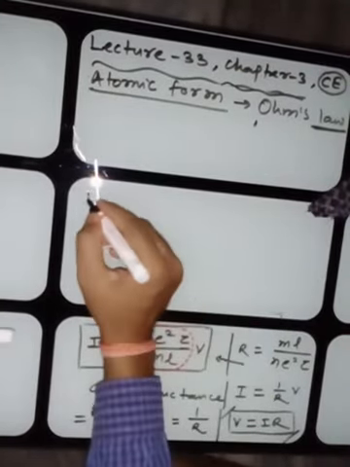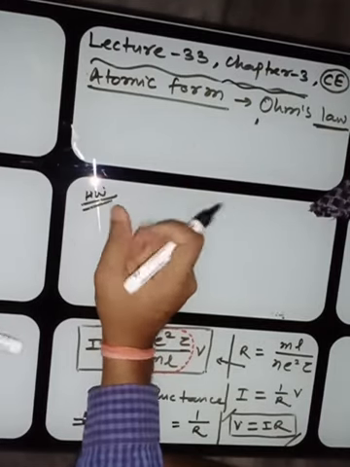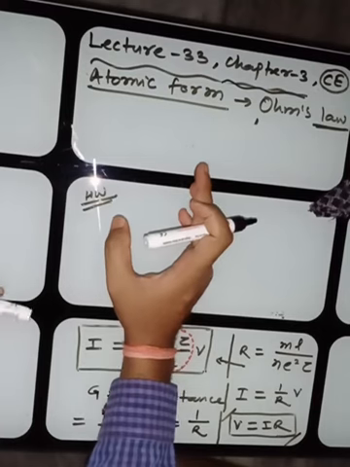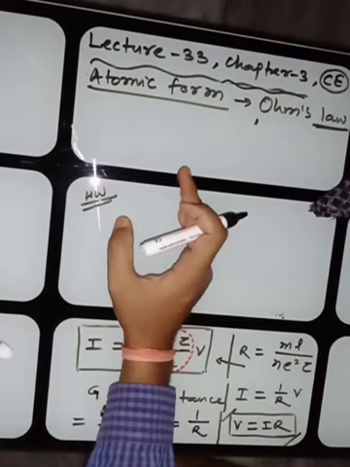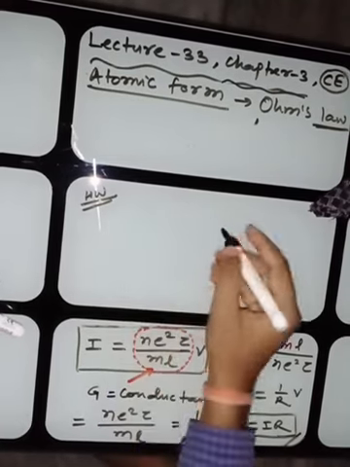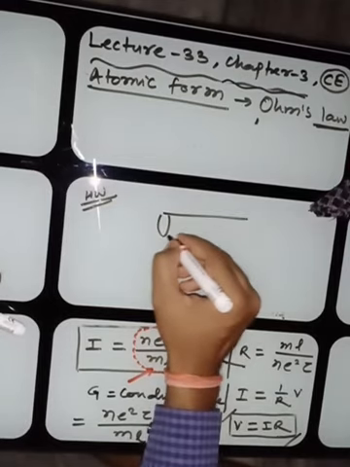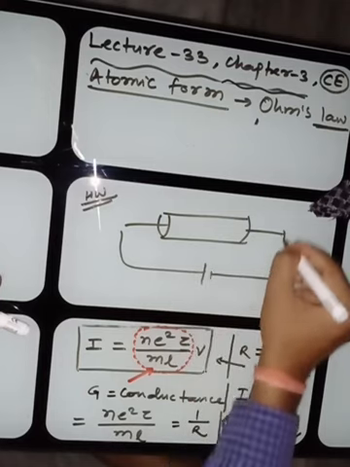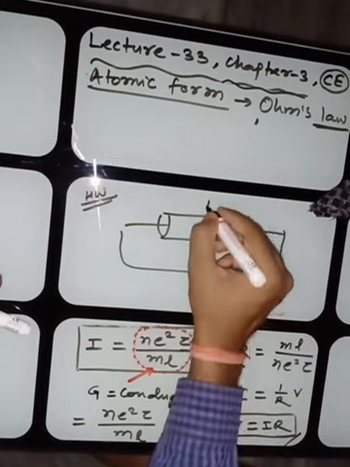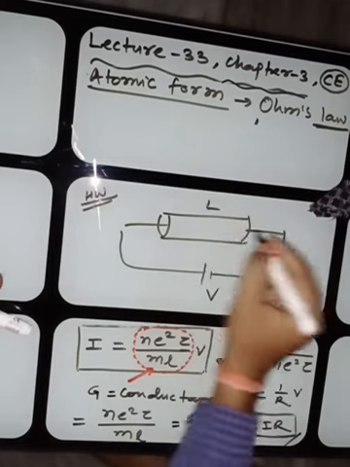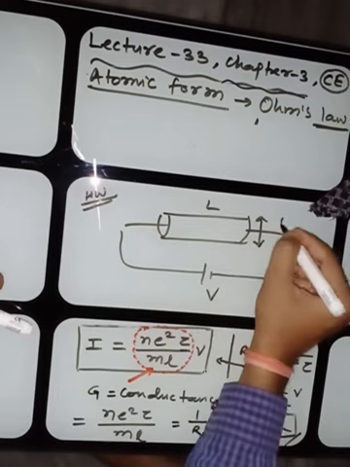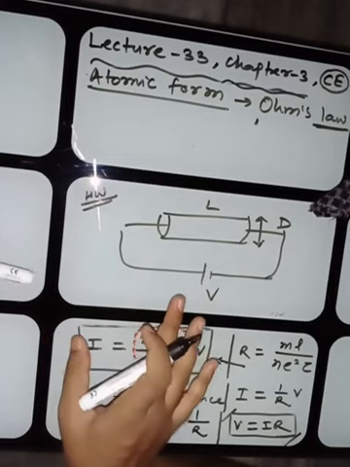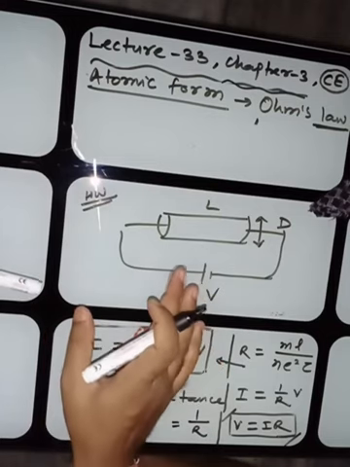A potential difference V is applied to a conductor of length L and diameter D. The potential is V, the length is L, and the diameter of this conductor is D.